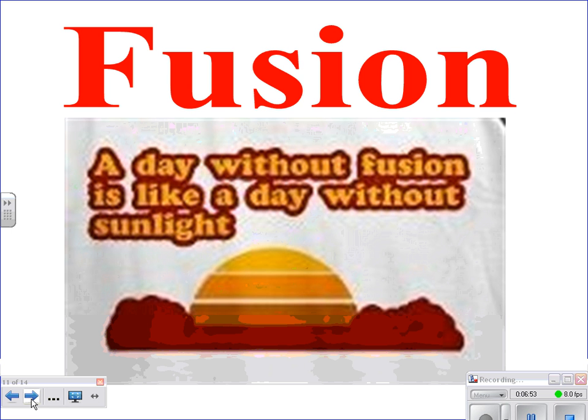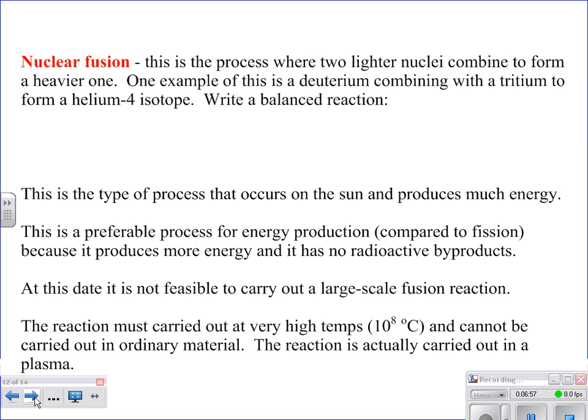Okay, that takes us to our second one, which is fusion. And with fusion, here we have a process where you have two lightweight nuclei that combine to form a heavier one. And typically what we're looking at here is just two isotopes of hydrogen.